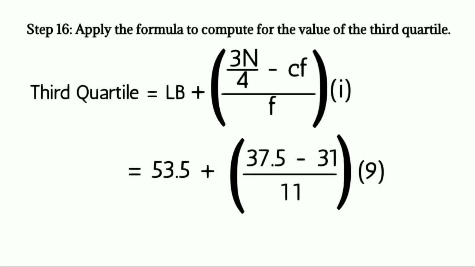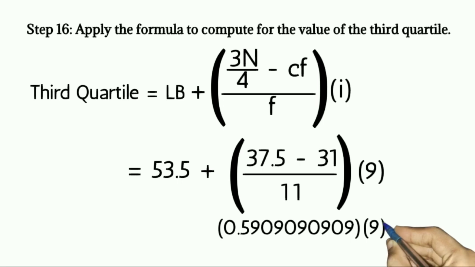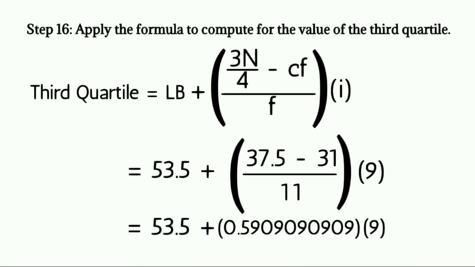37.5 minus 31, that is equal to 6.5. 6.5 divided by 11, that is equal to 0.5909090909. 0.5909090909 times 9, that is equal to 5.3181818181.